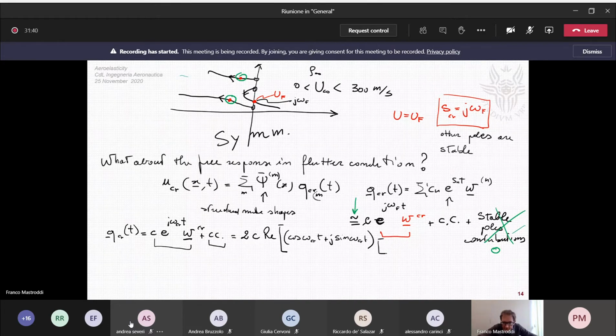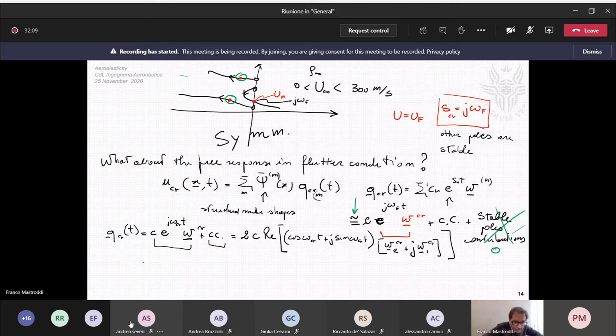This eigenvector has a real part, the real part of the critical eigenvector, plus an imaginary part, j times the imaginary part of the critical eigenvector. And we have to take this real part. So in order to have only the real part, the contribution is given by the cosine multiplied by the real part of the eigenvector, and minus the sine multiplied by the imaginary part of the critical eigenvector.